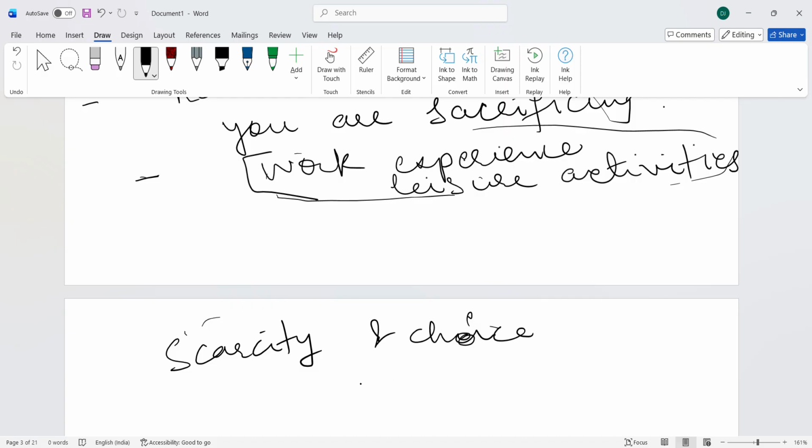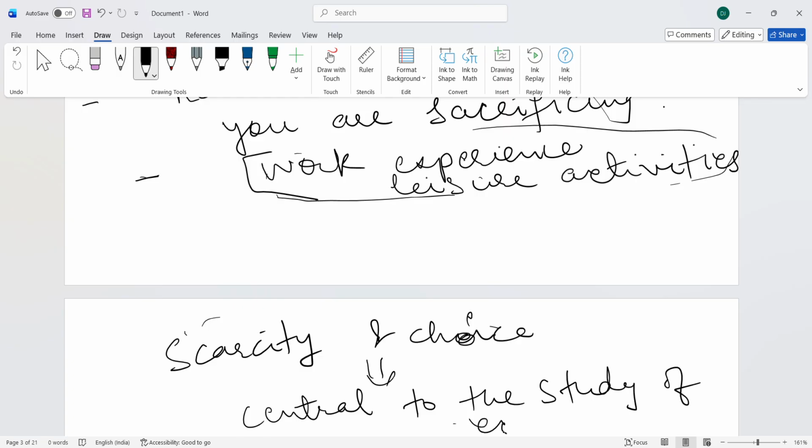Scarcity and choice are central to the study of economics. That's why in unit one, we start with scarcity. So you should understand that the basic problem that we are studying in economics is of scarcity and making choices. So they are central to the study of economics.